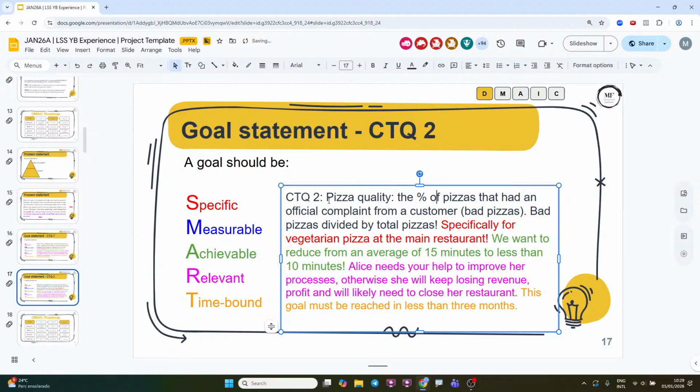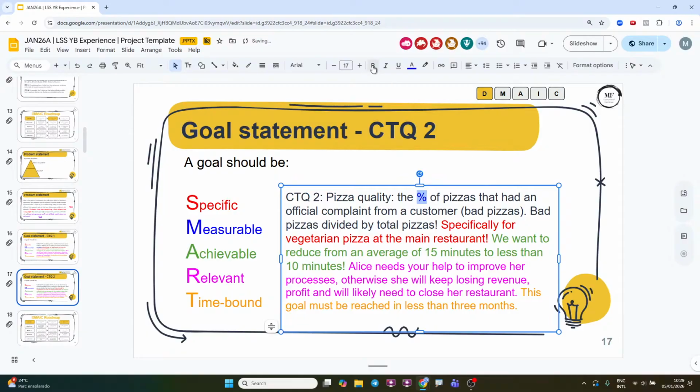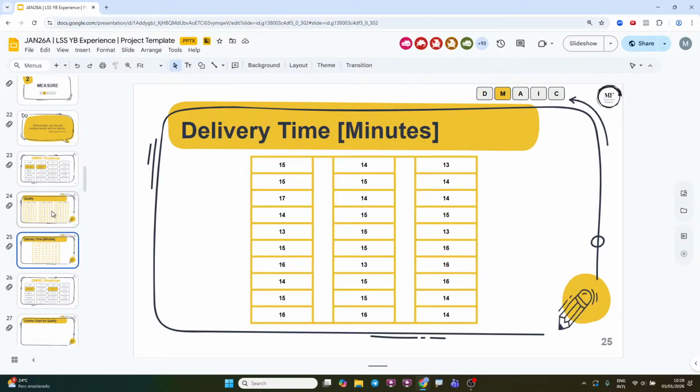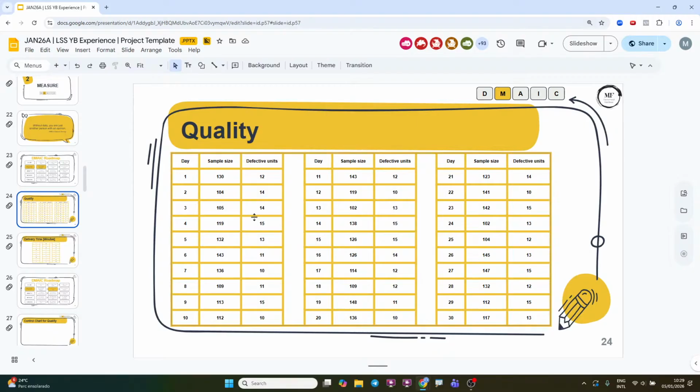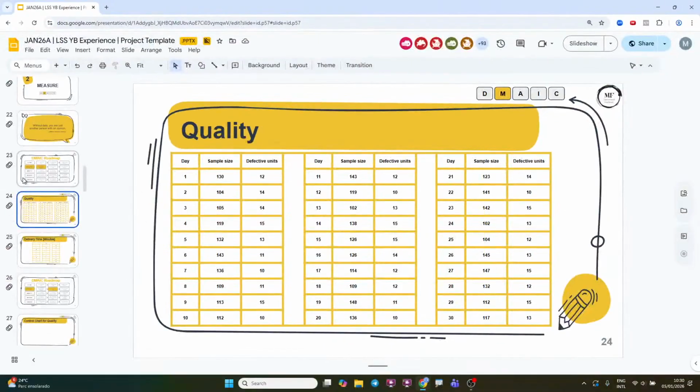Pizza quality, percentage is definitely something measurable. We'll be also focusing specifically on vegetarian pizza. We want to reduce, and you may be lucky enough to have some historical data in terms of quality, and then you realize that you were operating, let's say, around 10% on average.